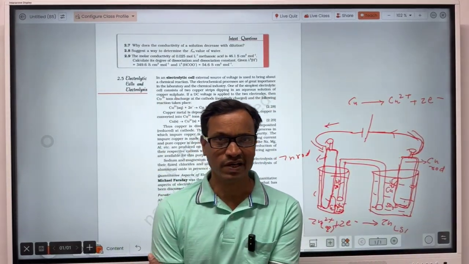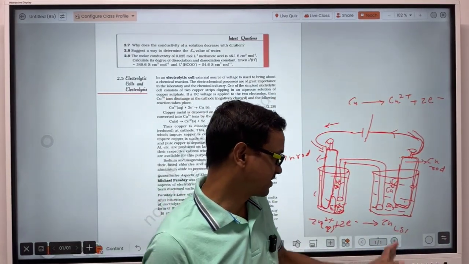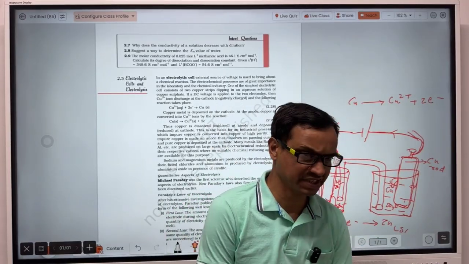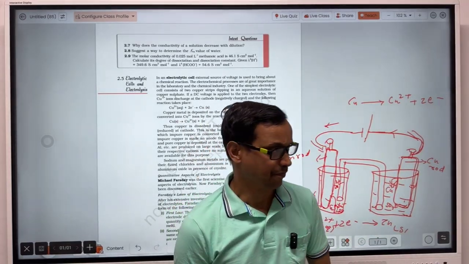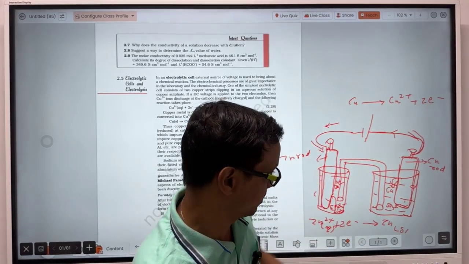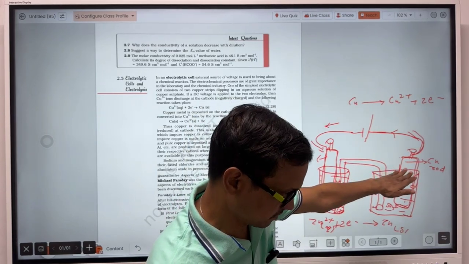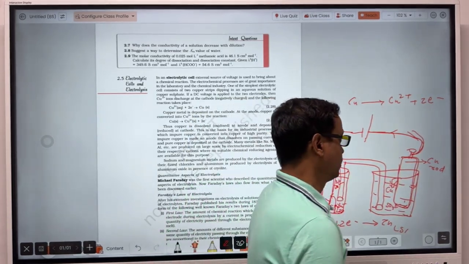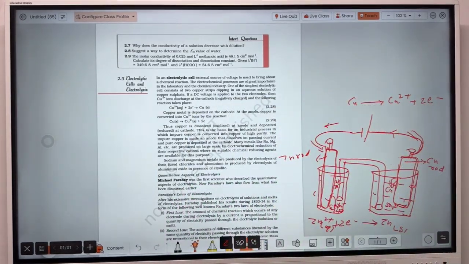In galvanic cell, what was happening? In galvanic cell, Cu2+ was depositing at the rod. But in case of electrolytic cell, the copper atom will lose the electron, convert into Cu2+ and enter inside the solution.